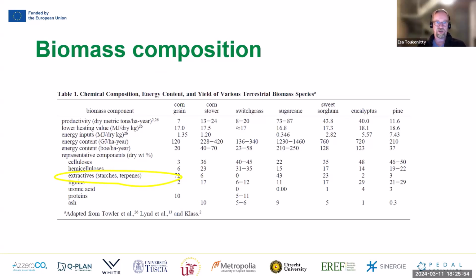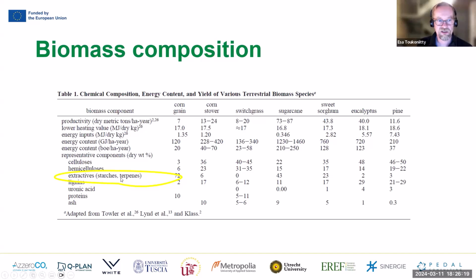If you treat the biomass with water, then you get water-soluble extractives. When we treat it with organic material, we get organic soluble extractives, and terpenes are one type of biomass chemicals that are soluble in organic matter.